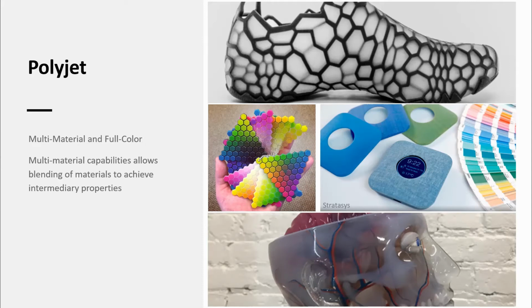This is really advantageous for printing concept models, realistic full-colored prototype models, end-use medical models, such as the bottom image on the slide, as well as multi-material capabilities for mechanical properties, which allow us to print prototype parts for traditional manufacturing, such as overmolding, or achieving intermediary properties, such as intermediary durometers, which combine those rigid materials with rubber-like materials.